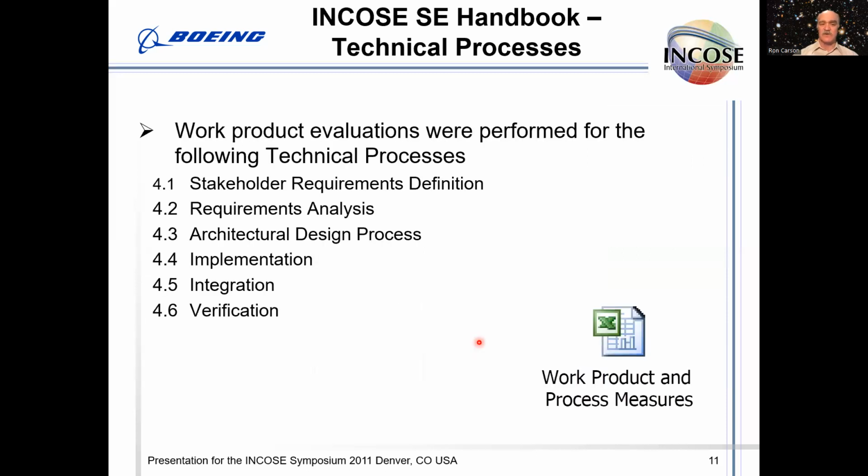So the several process areas we examined were stakeholder requirements definition, requirements analysis, architectural design, implementation, integration, and verification. And again, these are from version 3.2 of the INCOSE SE handbook. So let me quickly go through several more of these tables so you can see what's in the appendix to the written paper.